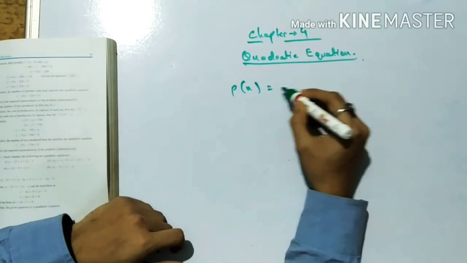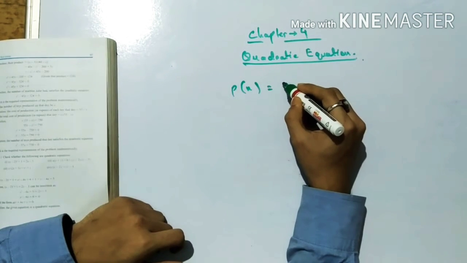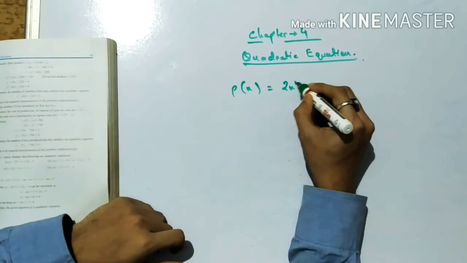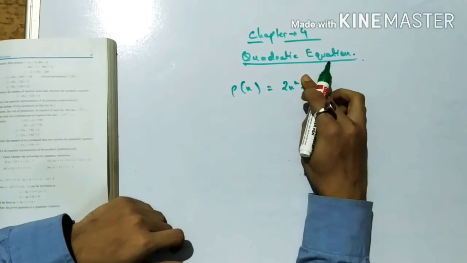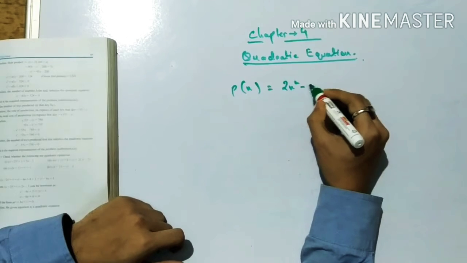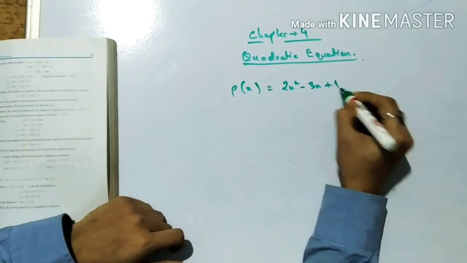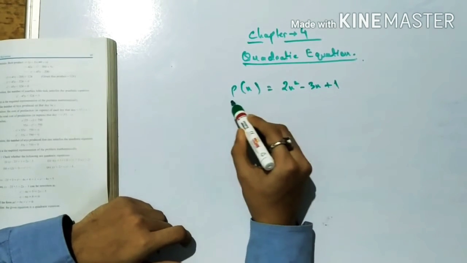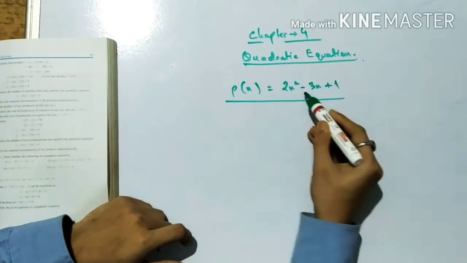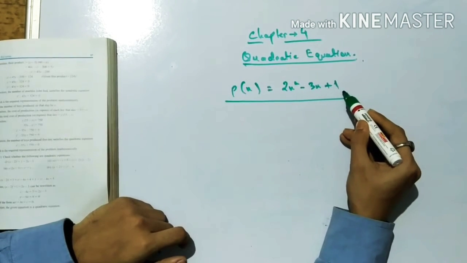For example, let's say p(x) is equal to 2x square minus 3x plus 1.